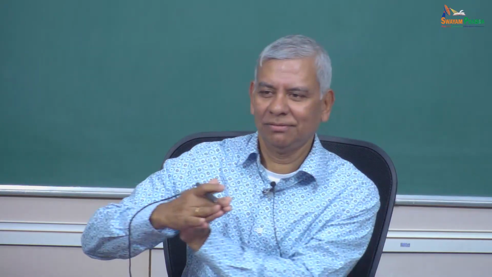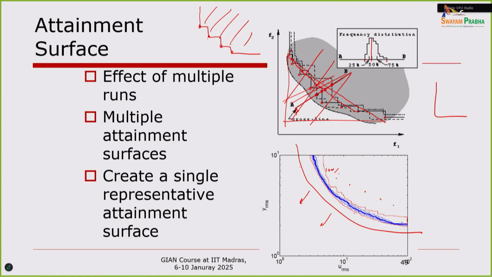Now, if for an algorithm all the three lines are very close to each other, that means what? You have very consistent performance. All your 50 runs produce almost the same result. If you have this white gap here and white gap here, it means in this part sometimes I got good results, sometimes I did not get good results. So my algorithm has some issues on this part and that part. Here I have done a good job.